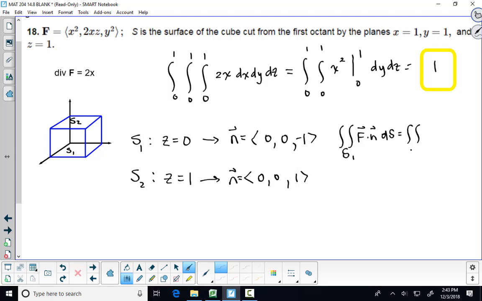Okay, so this is going to be the double integral over S1. F dot n looks like minus y squared. And I can change that S1. Let's go into what the differential should be. So this is going to be over R, and this is going to be a dy dx, or we can just call it a dA for the time being.